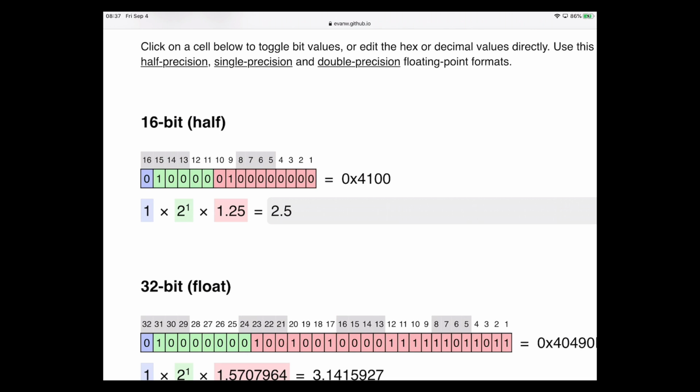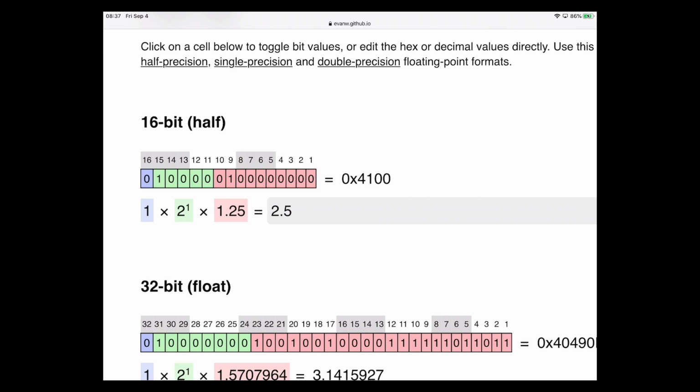How did I come up with the number 3 for the 8-bit bias? How many bits do I use for the exponent? 3, okay? Take 1 away from that. 2. What's 2 to the second? 4. Subtract 1. 3. There's your bias.